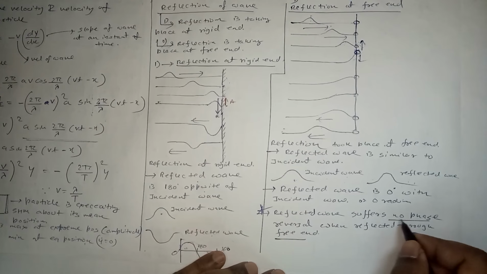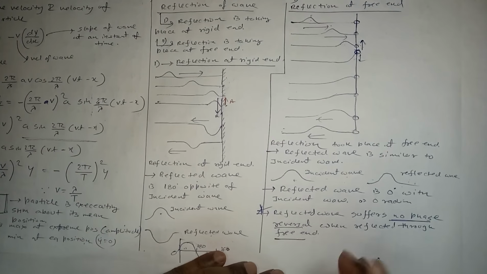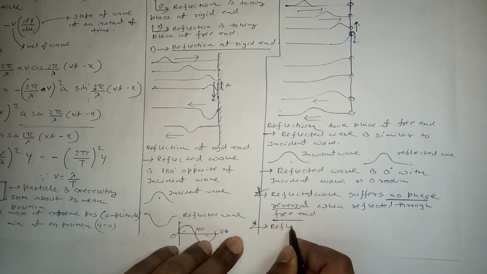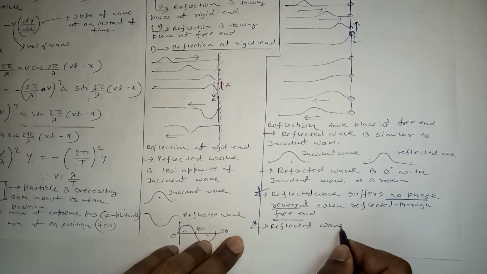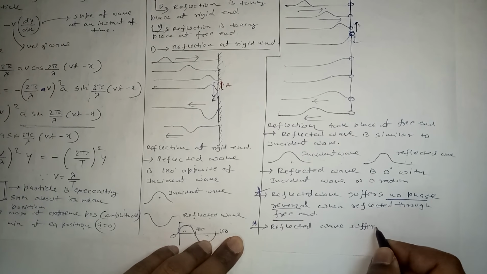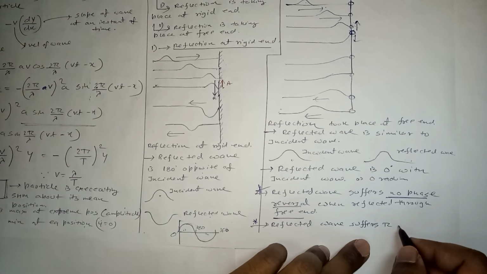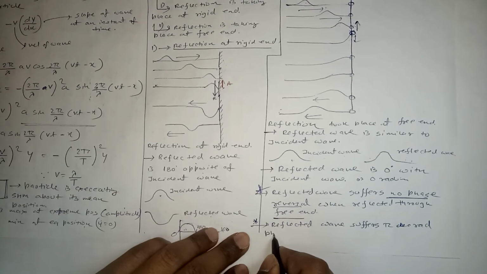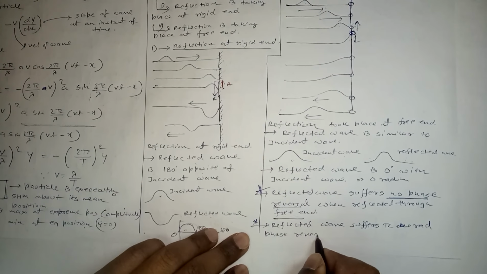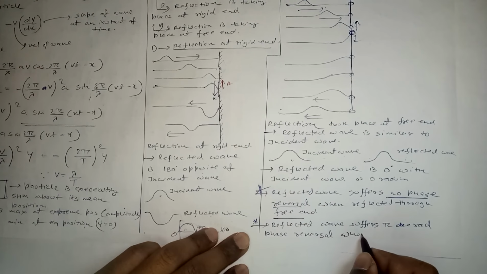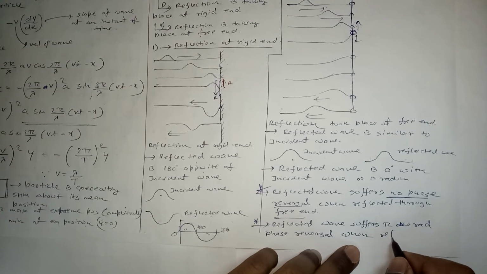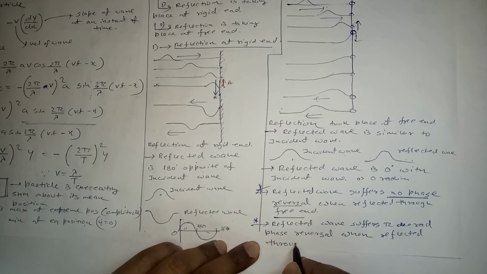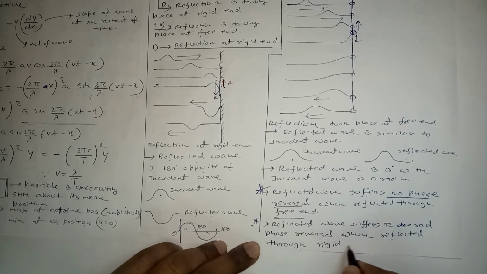The reflected wave shows no phase reversal while reflecting through a free end, but for a rigid end, the reflected wave suffers pi radians phase reversal when reflected through the rigid end.